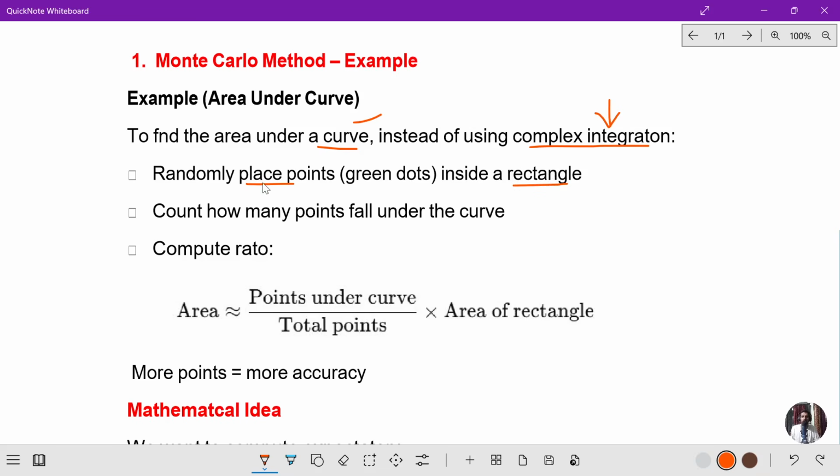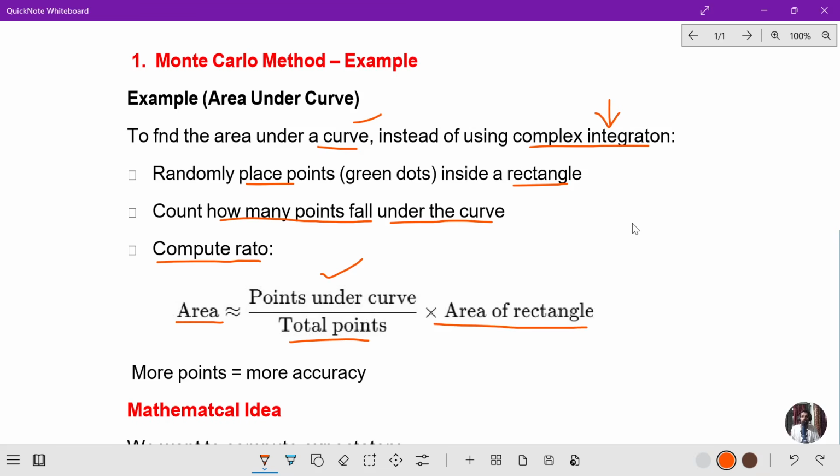We count how many points fall under the curve. Then we find the ratio: points under the curve divided by total number of points, times the area of the rectangle.